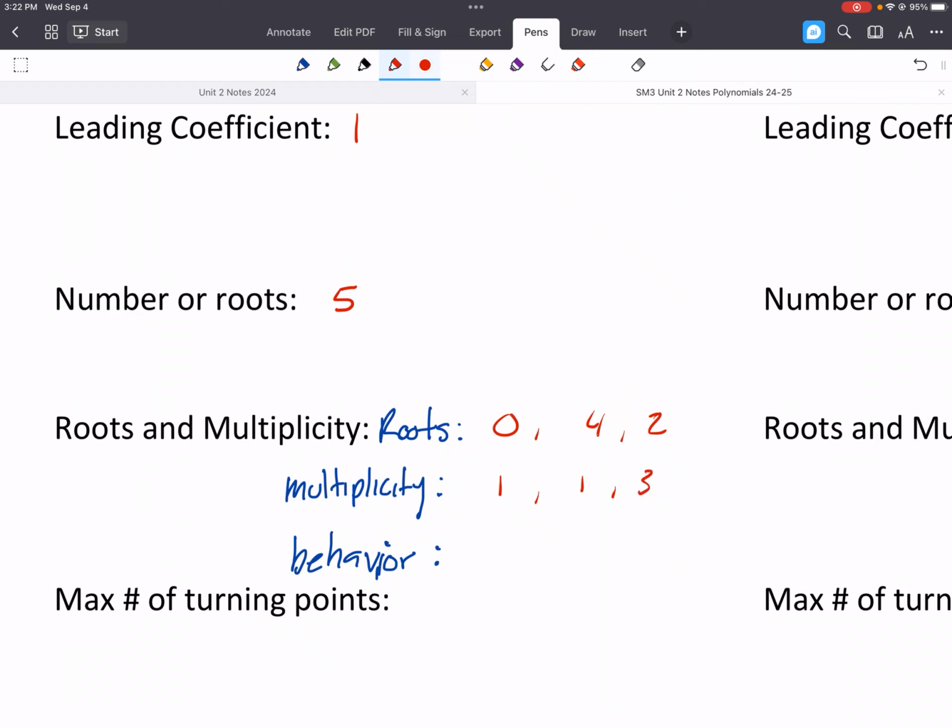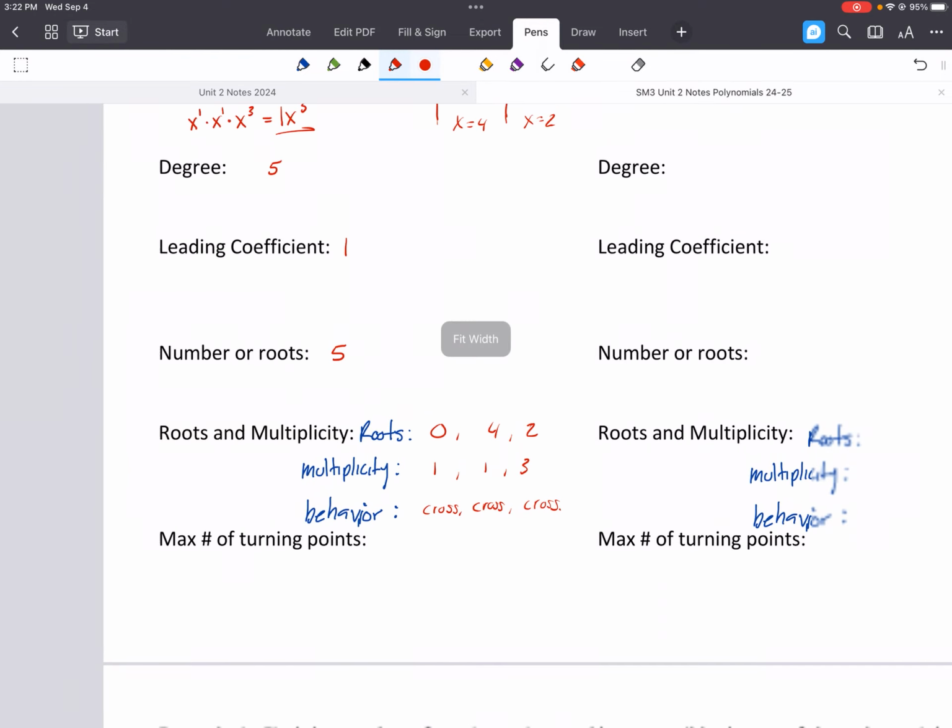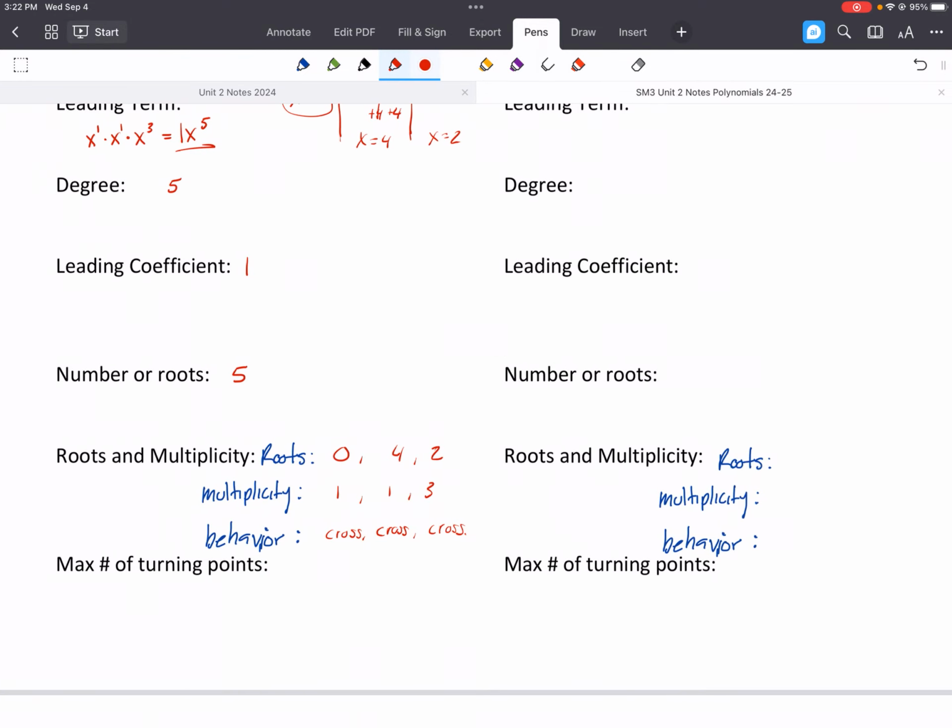And then the end behavior, again, we talked about how if the multiplicity or the degree is odd, then we're going to cross. So all of these cross the x-axis and continue on. Max number of turning points, again, is just the degree minus 1, so it would be 4.